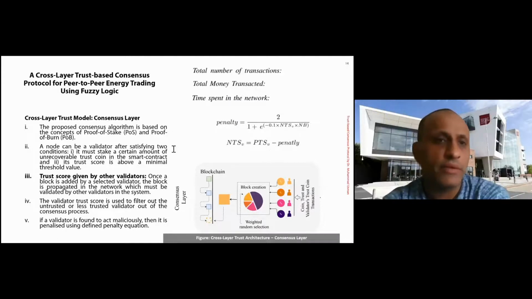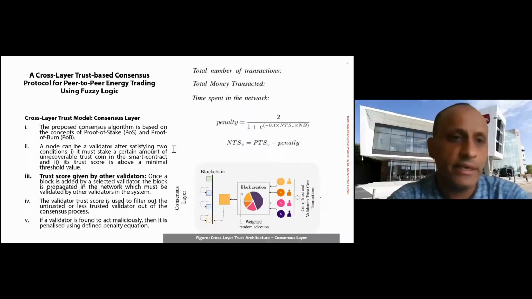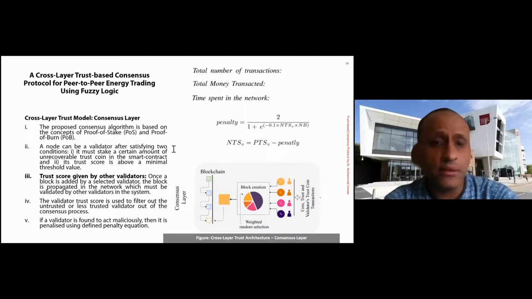That threshold value can be agreed among the relevant entities, and the trust score given by other validators. That is, once a block is added by a selected validator, the block is propagated in the network, which must be validated by other validators in the system.